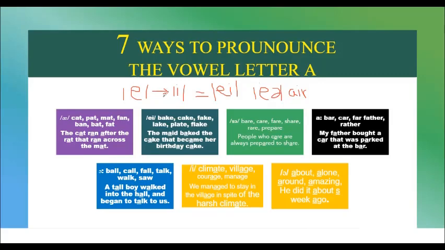There is a glide there, but here the gliding movement is not as perceptible as it is there. We simply pronounce this as the A we breathe in and out. All right? And this sound occurs in the following.